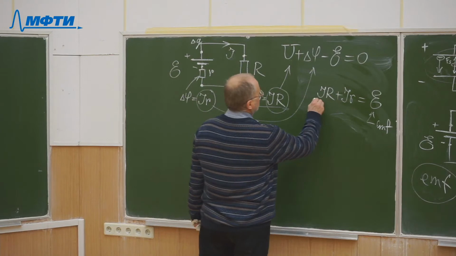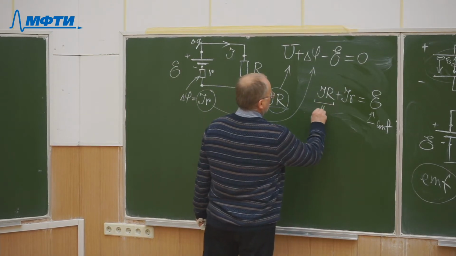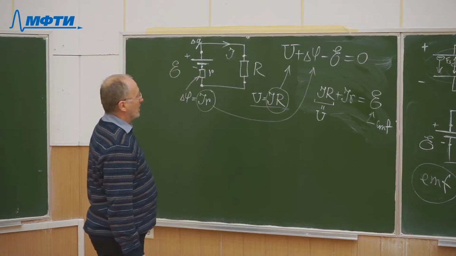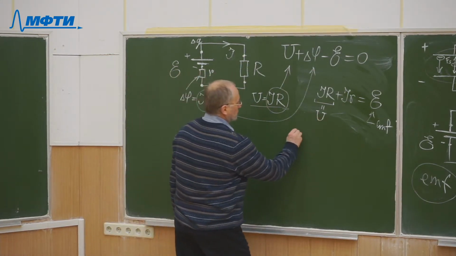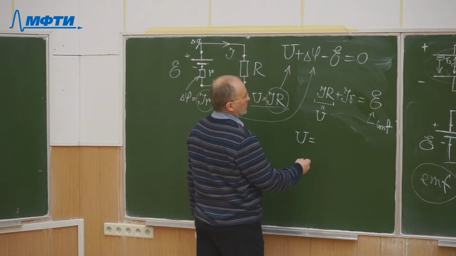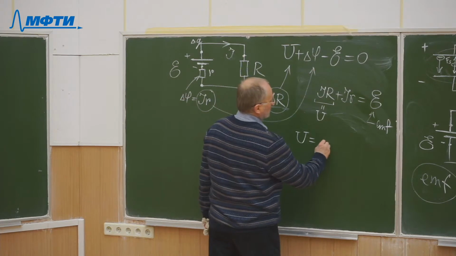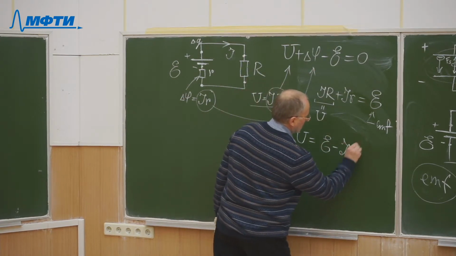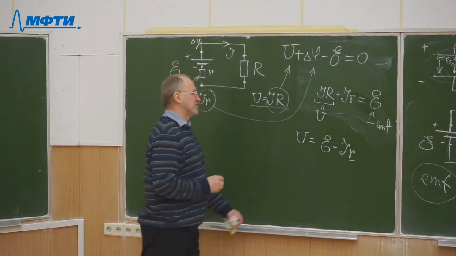Yes, and this is the voltage on the external resistance. And so the voltage on the external resistance may be obtained from here as the electromotive force minus I times small r, which is the internal resistance.